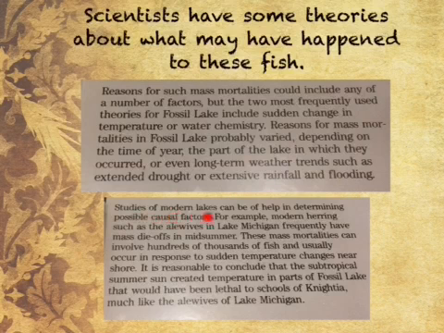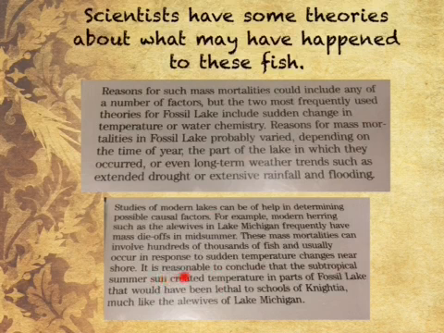Studies of modern lakes can be a help in determining possible causal factors. For example, modern herring, such as the alewives in Lake Michigan, frequently have mass die-offs in midsummer. These mass mortalities can involve hundreds of thousands of fish and usually occur in response to sudden temperature changes near shore.